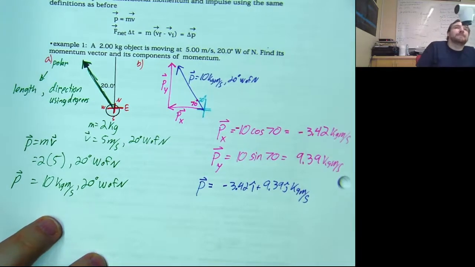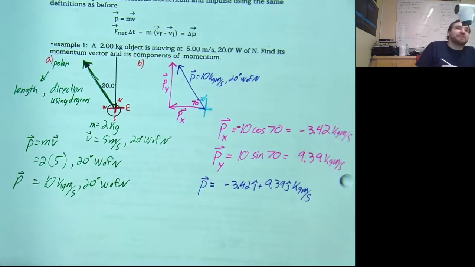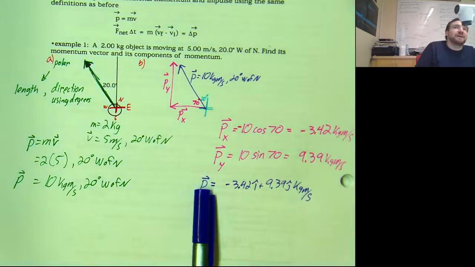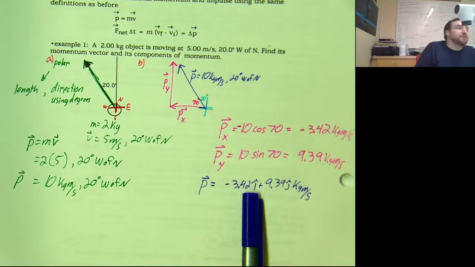And we're done. So we've got an expression for our vector in polar, and we've got an expression for our momentum vector using components.